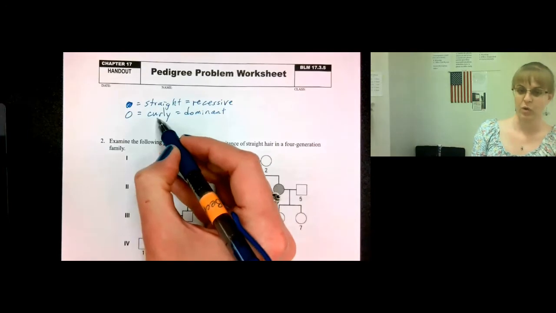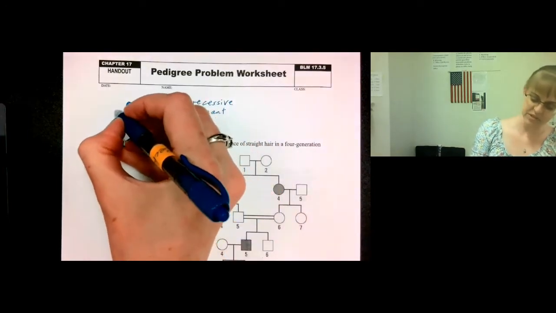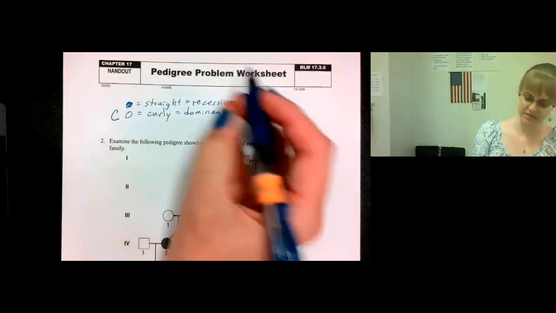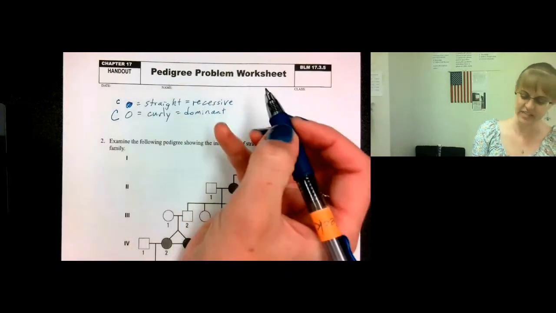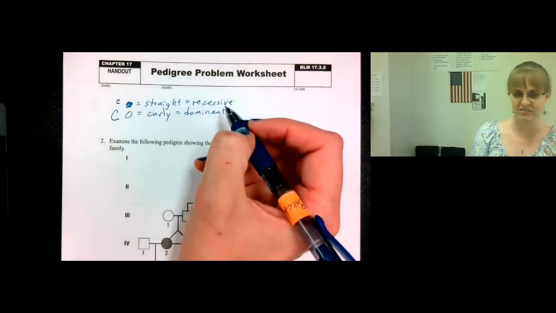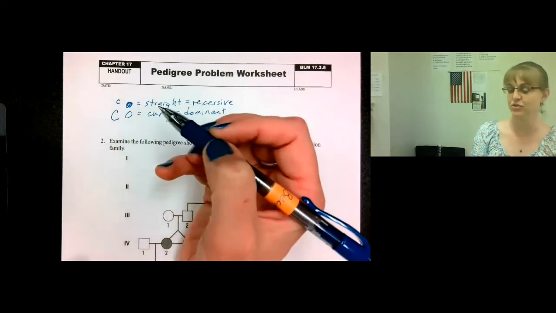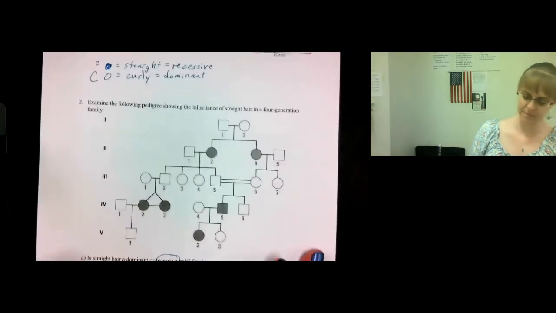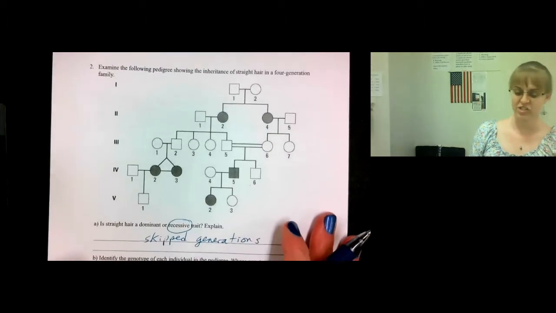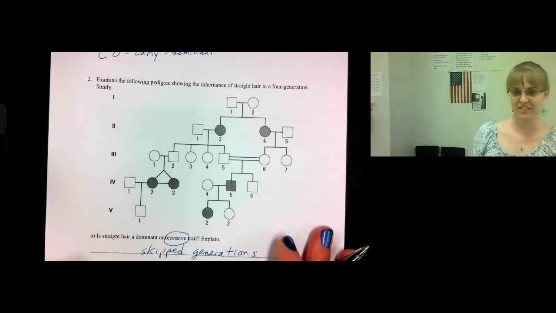So we must put a capital C for curly, which is dominant, and a lowercase c for straight hair, which is recessive. Remember to exaggerate the size of your letter C so you can tell the difference. Now start with all your recessive individuals because they definitely have 2 recessive genes.